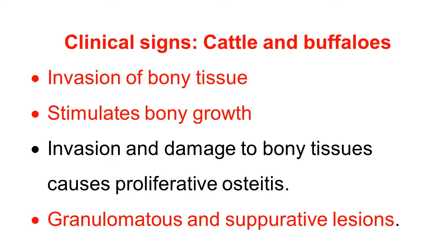The invasion by the organism causes damage to the bony tissue and it starts a characteristic proliferative osteitis. And more characteristic is that there is a granulomatous lesion, along with infection and a suppurative lesion, production of pus inside the bone.